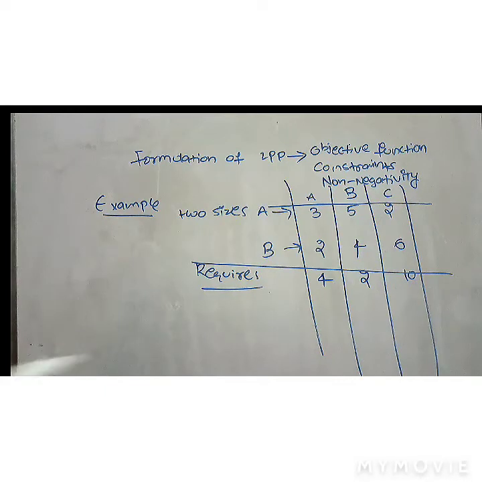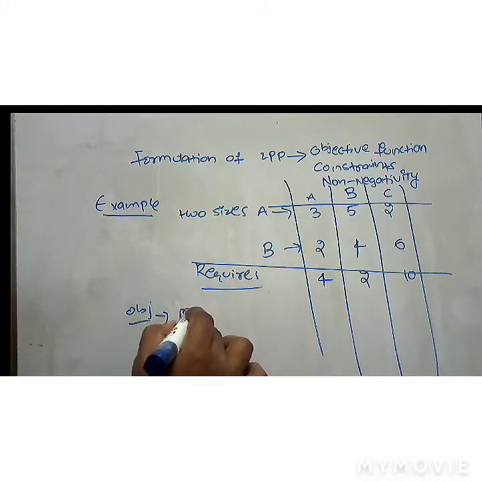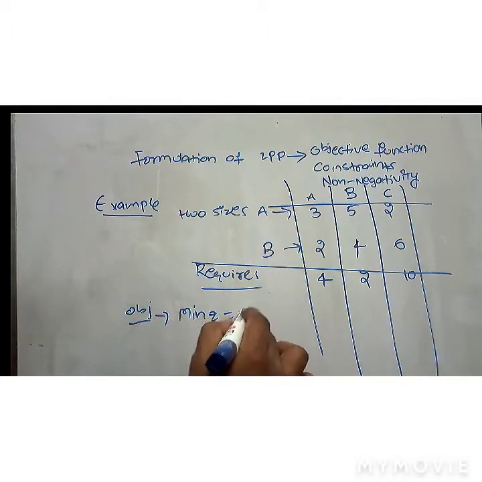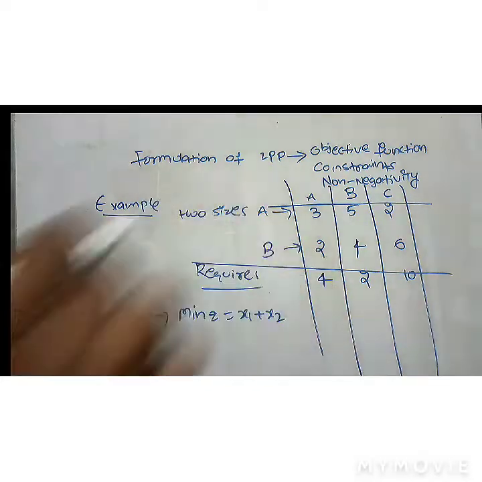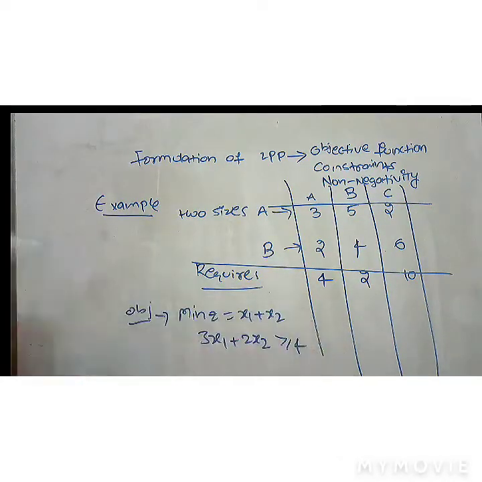Now we require to write the objective function. The objective is that health risk should be low, so minimum of z, with variables x1 and x2, two different variables. Then the first constraint is 3x1 plus 2x2 greater than or equal to 4, at least meaning either 4 or more than 4.